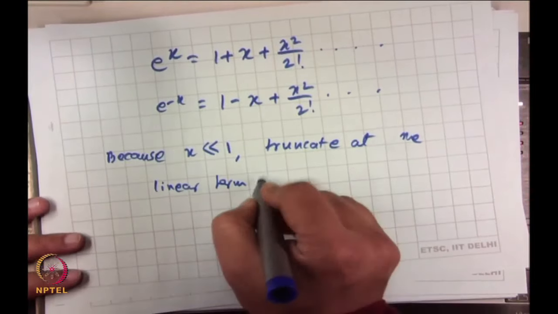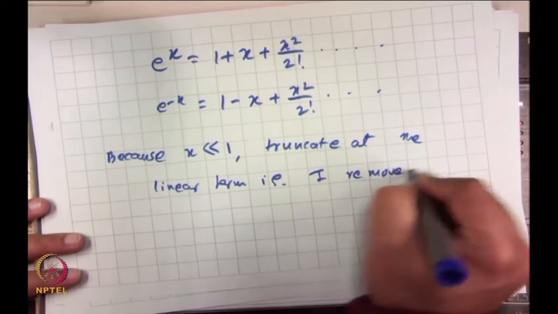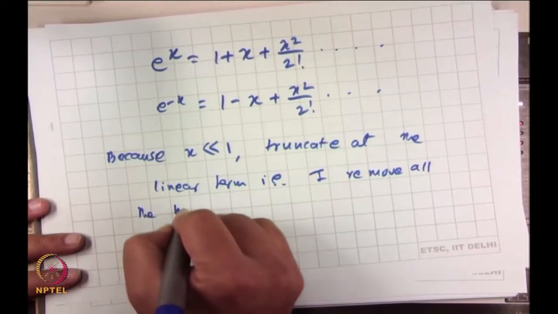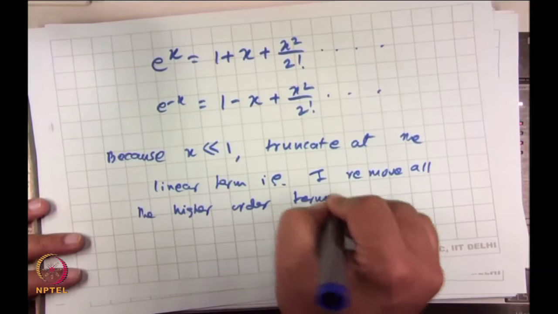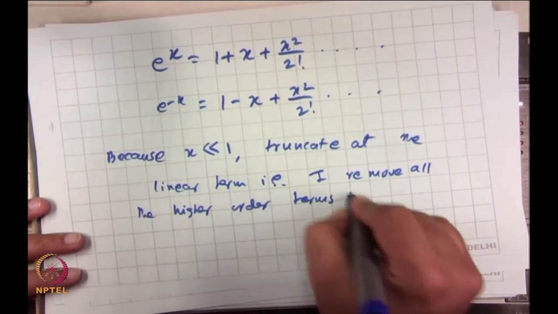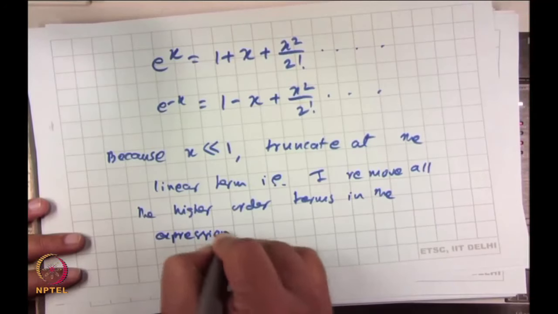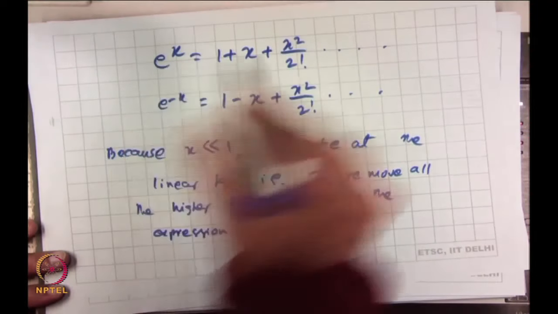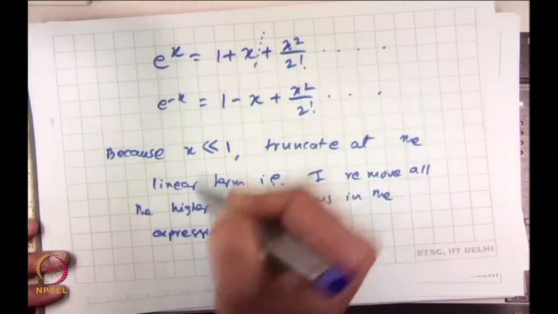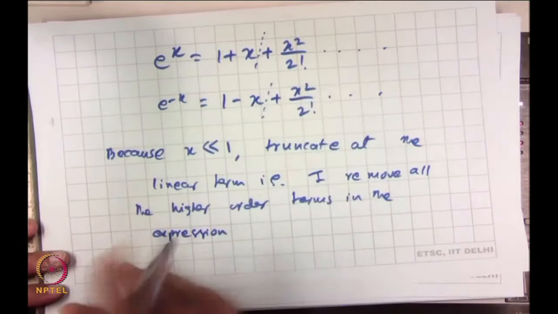That means I remove all the higher order terms in the expression. Is that clear? So, what am I left with then? For e to the power x, I am left with only this one. For e to the power minus x, I am left with only what? This one.